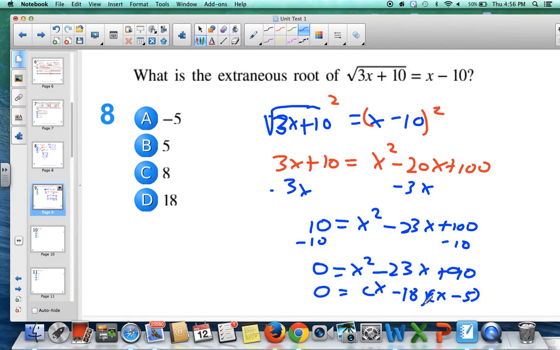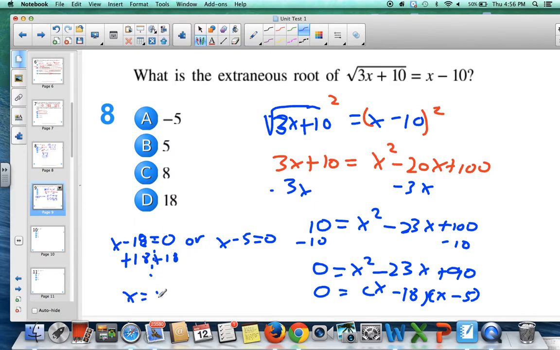So I have two things multiplied to equal 0. That means either x minus 18 equals 0 or x minus 5 equals 0. Actually, then I have to go through and solve this, plus 18, plus 18.